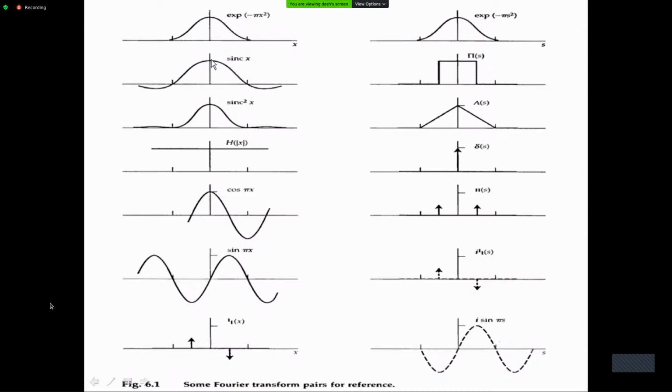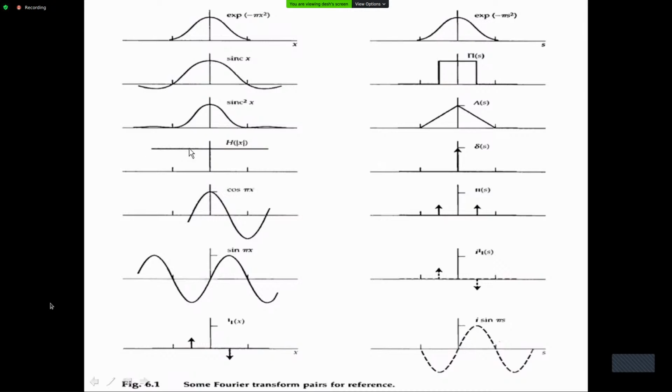A sinc function has a Fourier transform of a rectangular window function, or vice versa. Remember that whatever is on the left and right, I could have easily flipped it, and the same thing will hold good. A sinc square function has a triangular function as a Fourier transform.